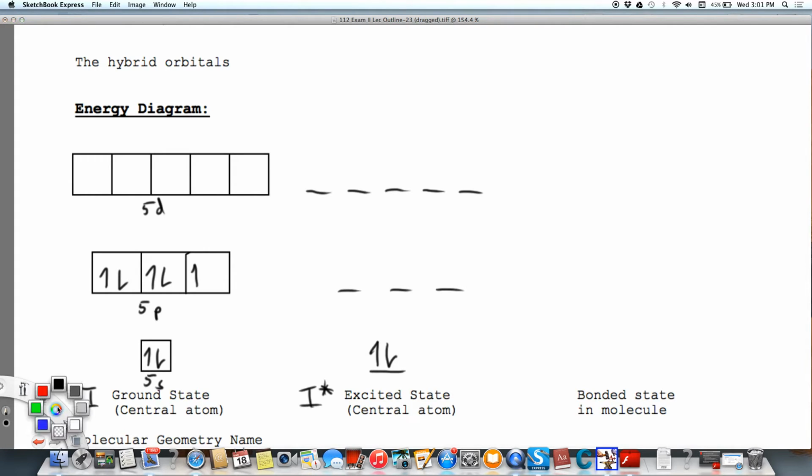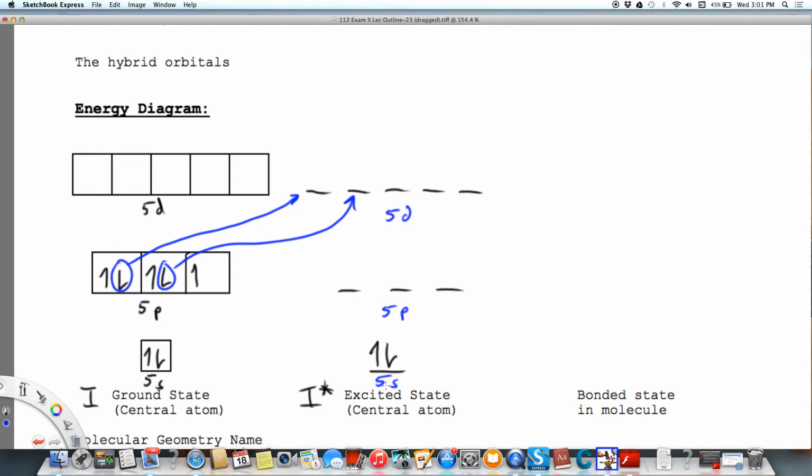On the other hand, the 2 p electrons are going to be promoted up to the 5d. Okay, so we're going to promote these 2. And we're going to get our 5d, and then we're going to have 3 5p electrons that are unbonded.